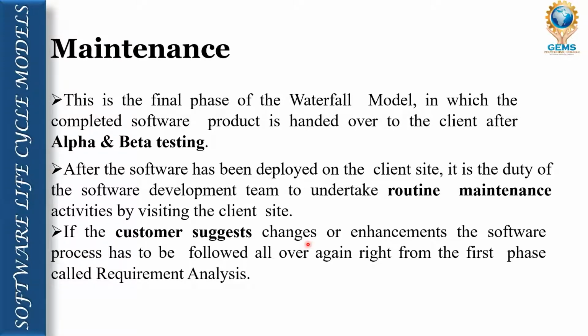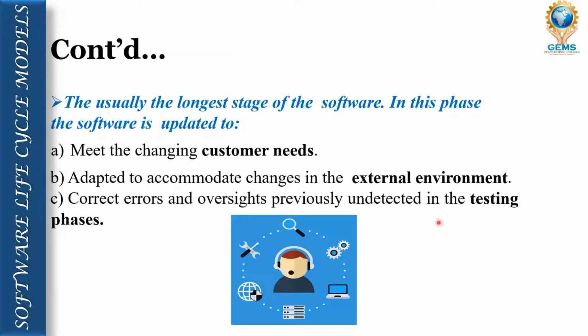Then if the customer gives any request or suggestion for enhancement or any changes in the software, again we have to work from the first stage of the waterfall model. So, dear students, this is one of the longest stages of the waterfall model.